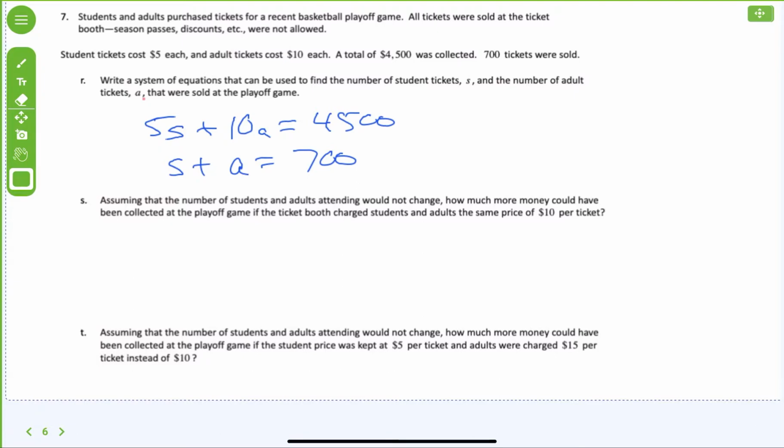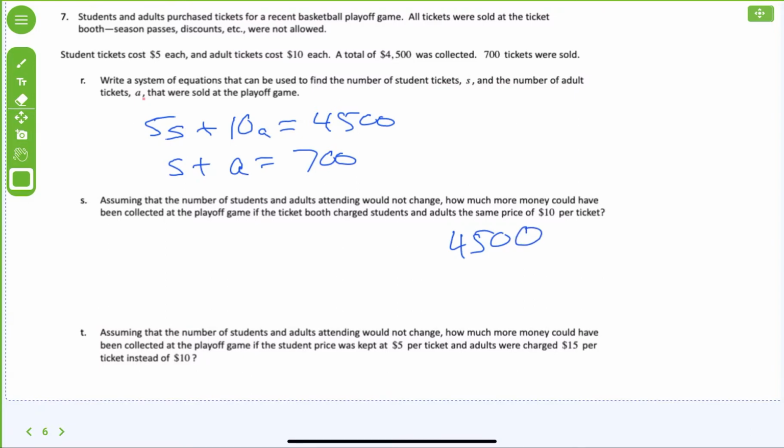Now, assuming that the number of students and adults attending would not change, how much more money could have been collected at the playoff game if the ticket booth charged students and adults the same price? Okay, so how much was sold? $4,500 worth, right?